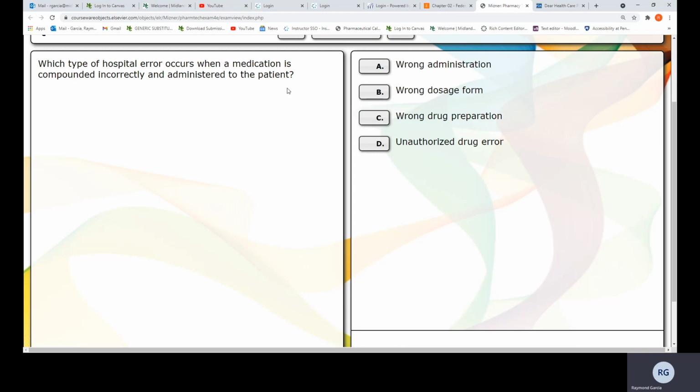Which type of hospital error occurs when a medication is compounded incorrectly or administered to the patient? Wrong administration, wrong dosage form, wrong drug preparation, unauthorized drug error. When a medication is compounded incorrectly.